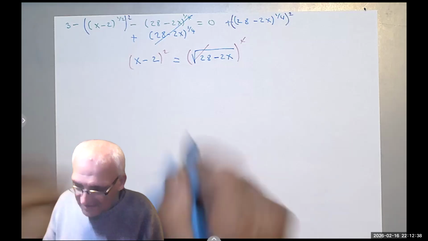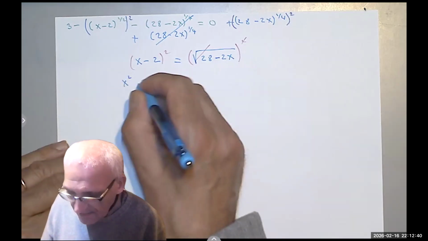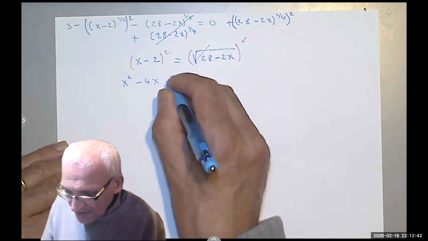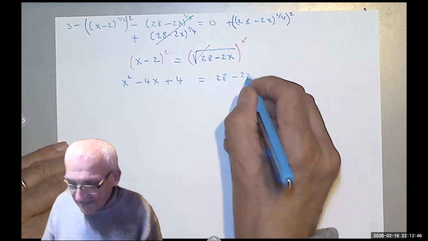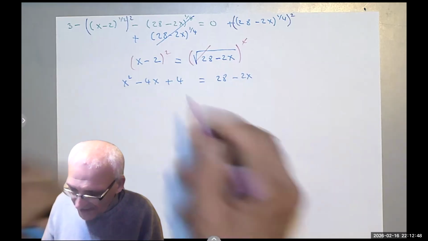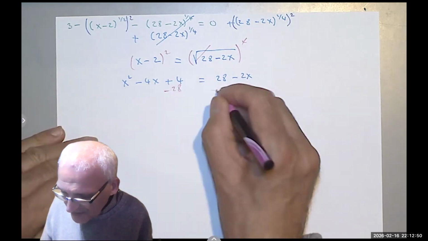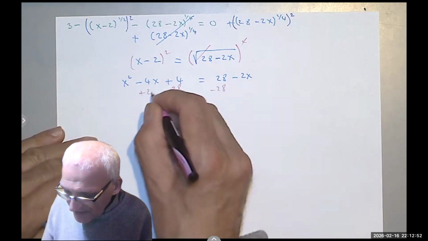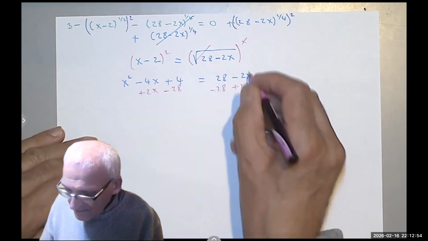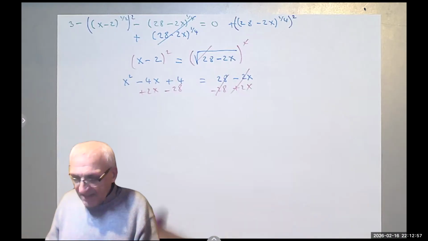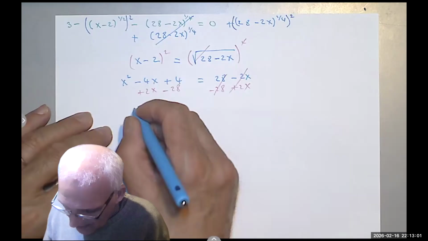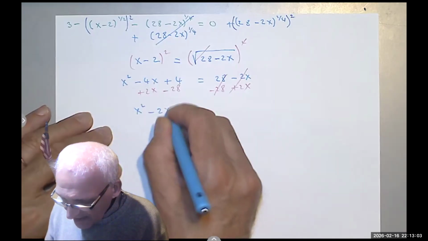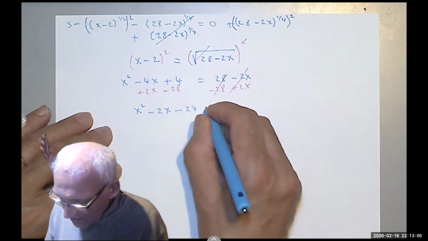Okay, left-hand side is x squared minus 4x plus 4. Right-hand side is 28 minus twice x. So I'm going to subtract 28 from both sides, and I'm going to add twice x to both sides. The left-hand side, I hope I'm not going fast for you, is x squared minus twice x minus 24 equals 0.